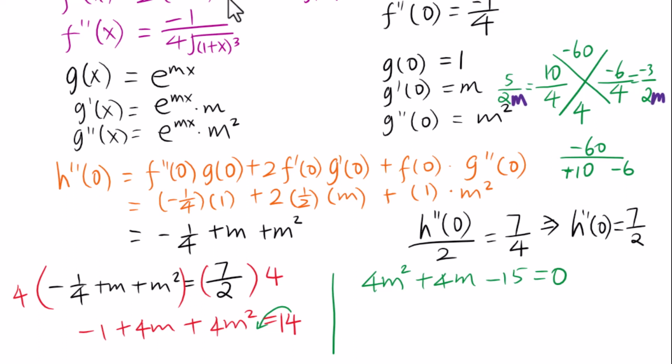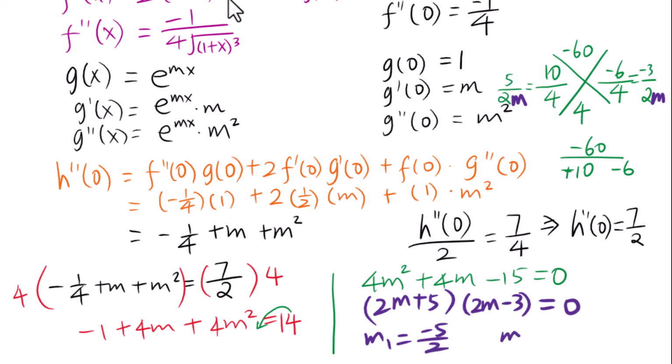Then bottom up: (2m+5) times (2m-3) equals 0. m1 equals -5/2, m2 equals 3/2. We have two solutions for m.